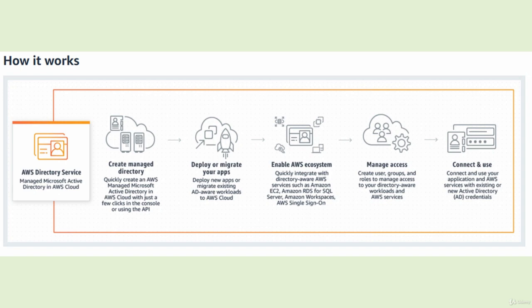Then you can enable AWS ecosystems with RDS, EC2, SQL, Lambda, WorkSpaces, single sign-on, and more. Then you can manage access for different users, groups, and roles to your directory-aware workloads and AWS services. And later on, you can connect with different appliances or an existing Active Directory with Directory Connect.